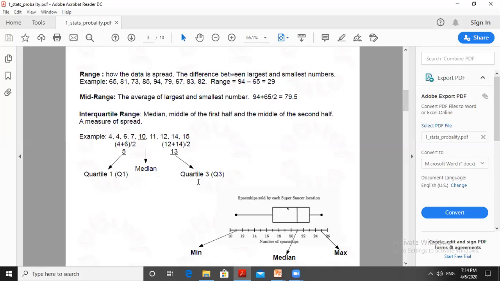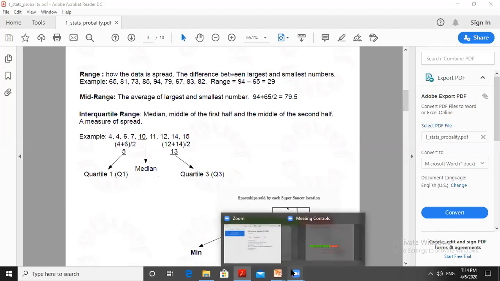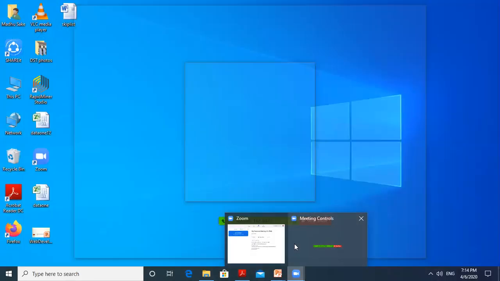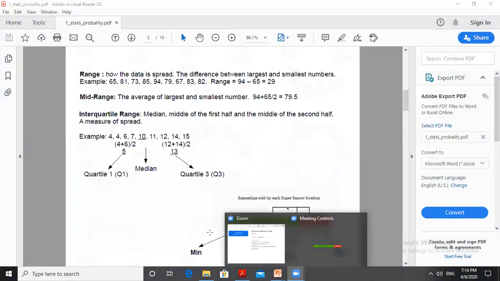I think all of you understood. Yes, all of you understood this? What is IQR? Okay, okay. I am going to share other one also, that I will.